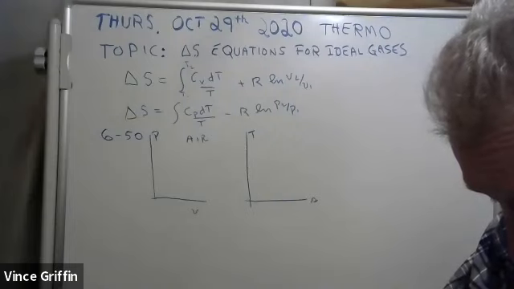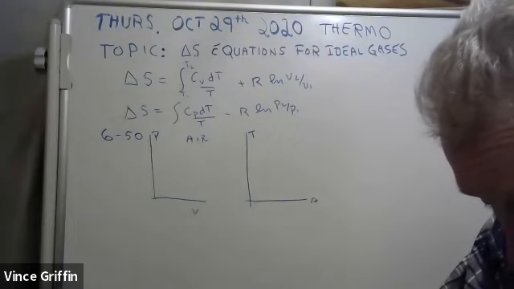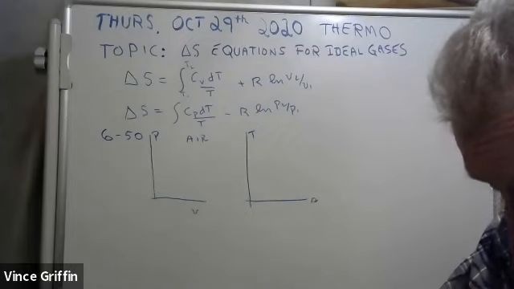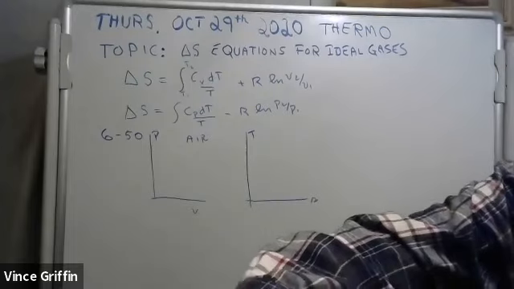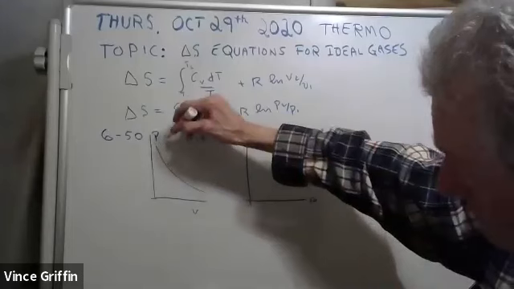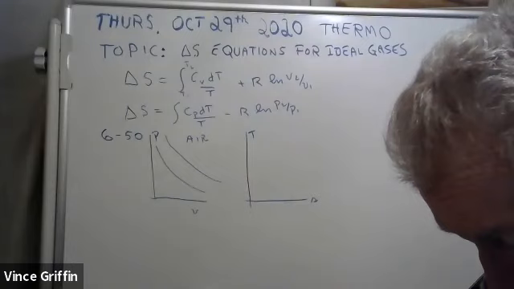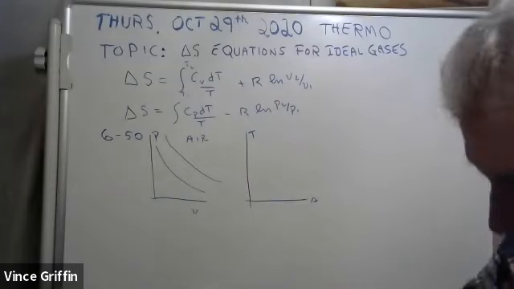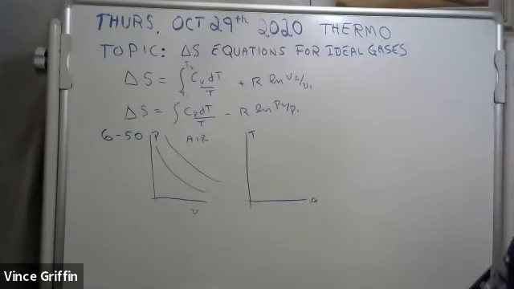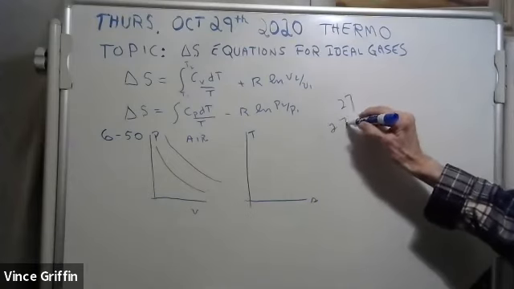3 kilograms of air. It's constant pressure, right? Keeping constant pressure. Now this is going from 27 Celsius to 500 K. What's 27 plus 273?